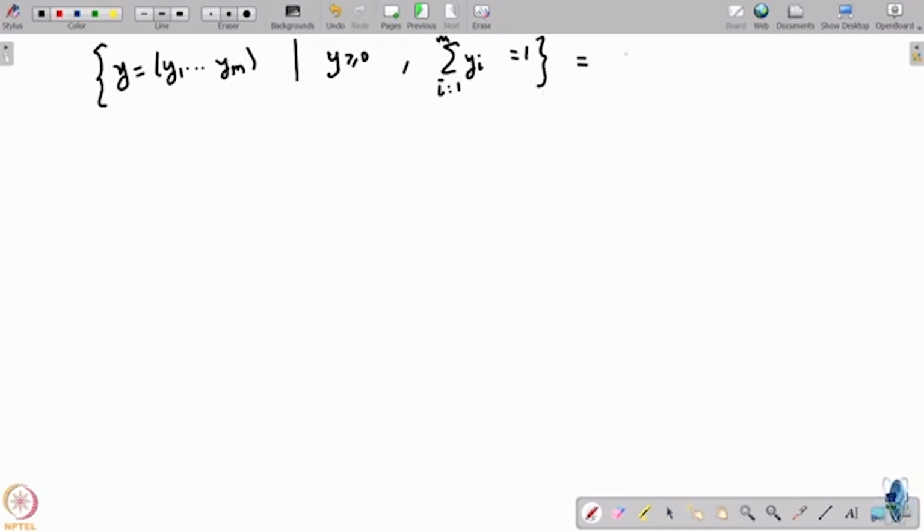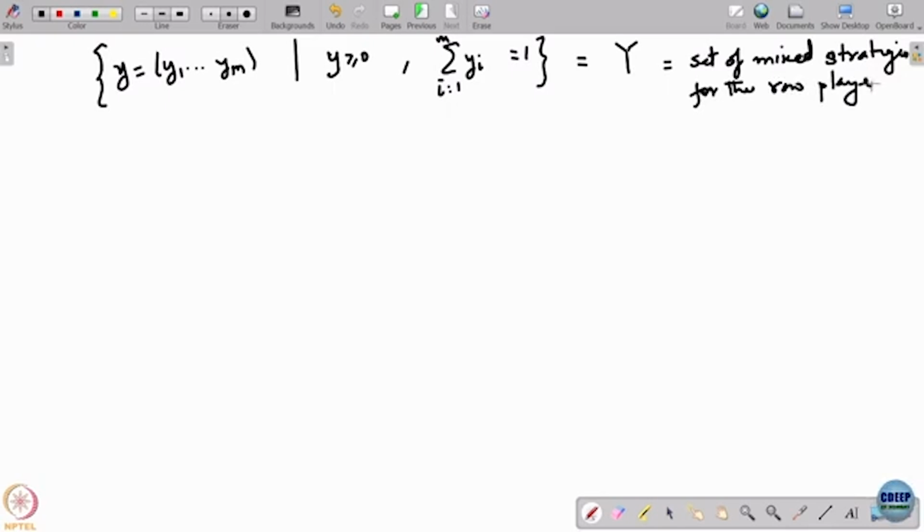So, let us call this capital Y. This capital Y is the set of mixed strategies for the row player.